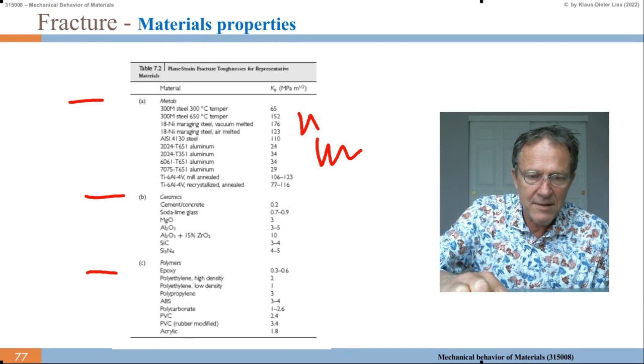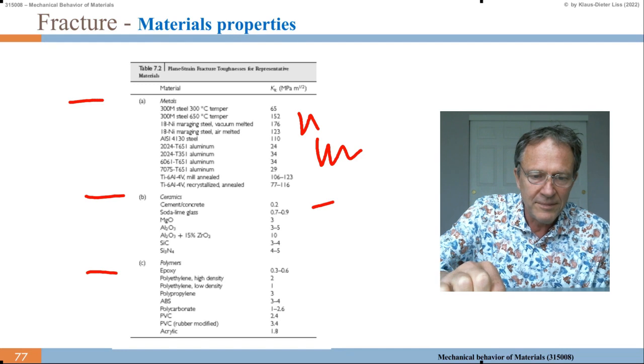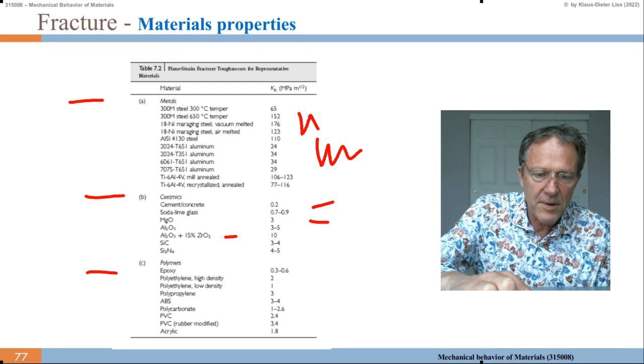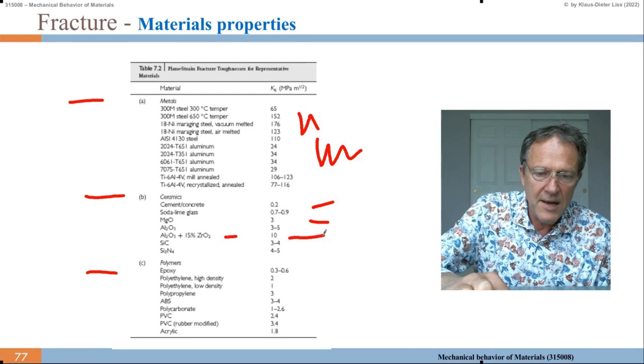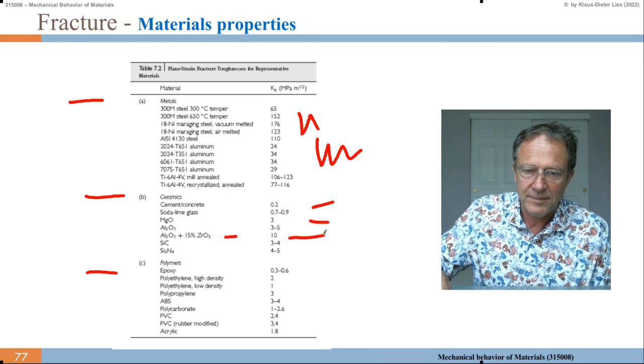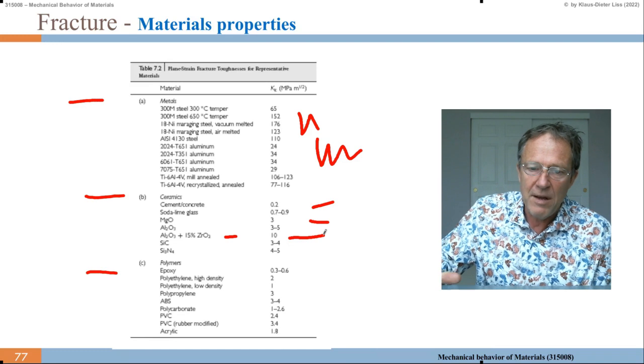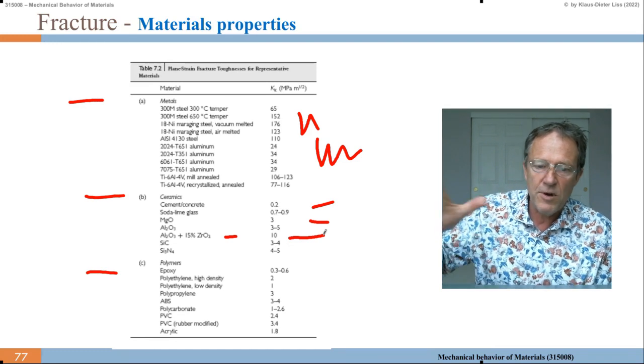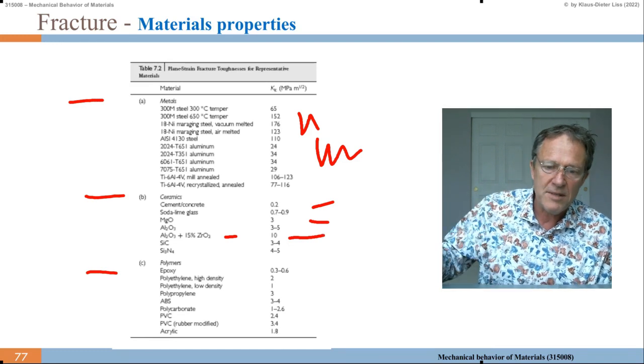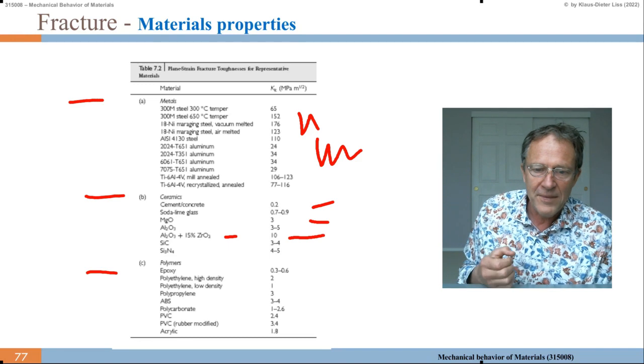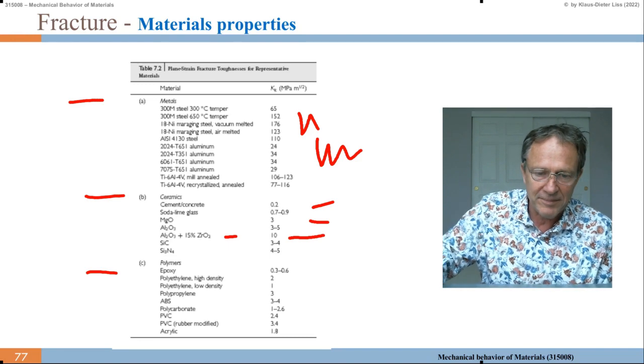We see cement, concrete is 0.2, magnesium oxide is 3, and aluminium oxide, alumina with 50% zirconium oxide is 10. So metals, they go from the hundreds down to the tens. Ceramics 1 order of magnitude lower, so 10 to 0 point something.